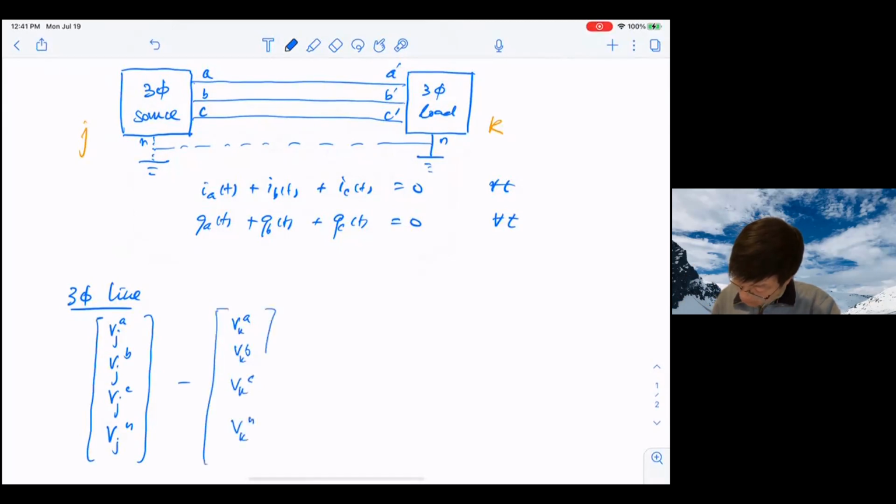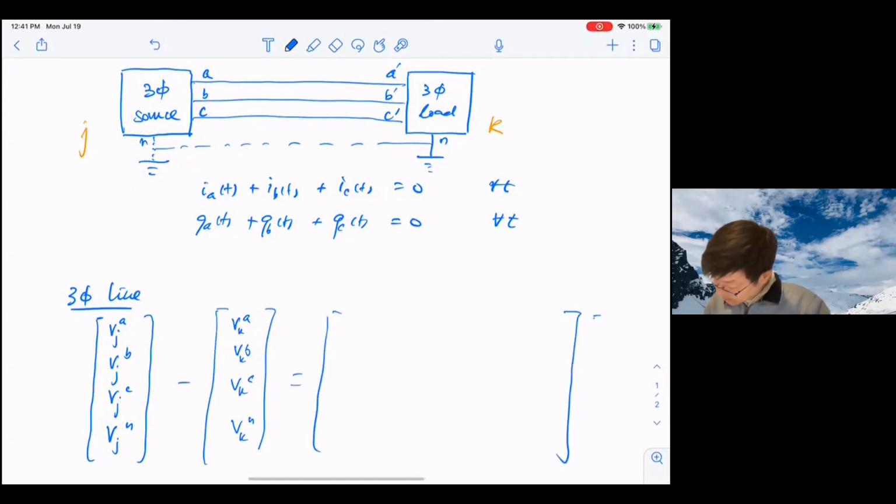So that voltage drop vector is related to the currents on that line, IJK phase A, IJK phase B, IJK phase C, and the neutral line, right?